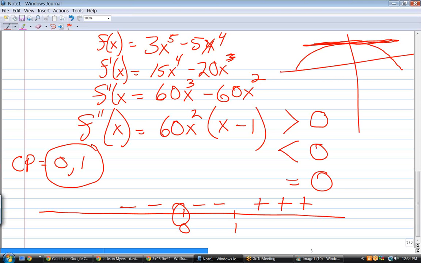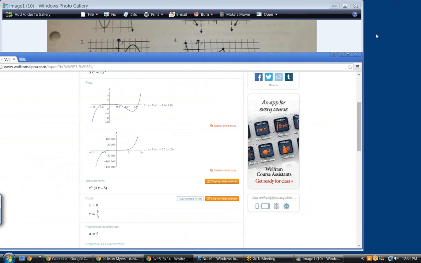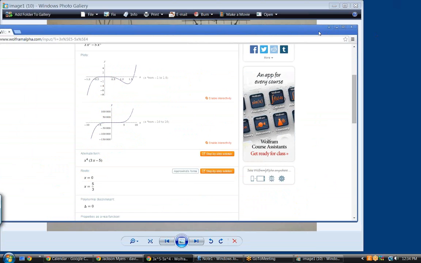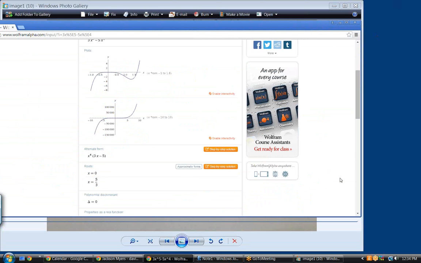Let me think. What this is telling us is that when you find the second derivative is equal to 0, it is not always an inflection point.